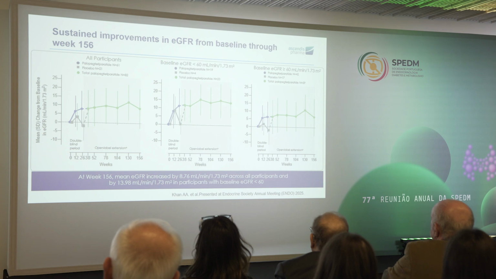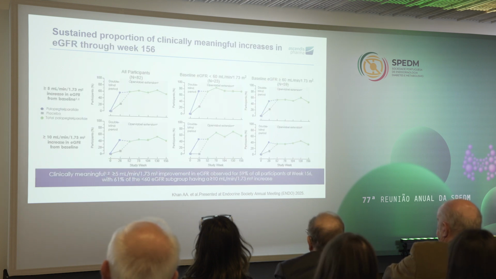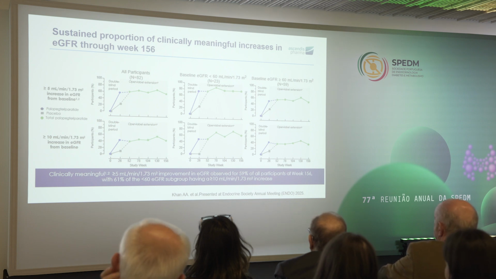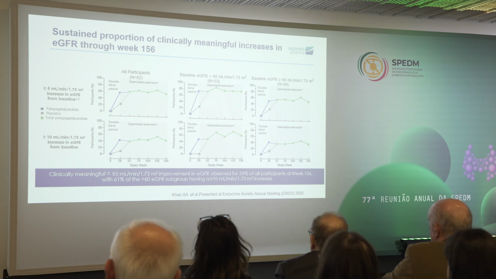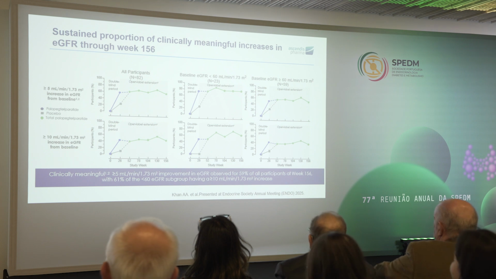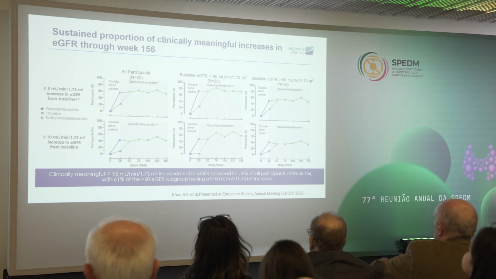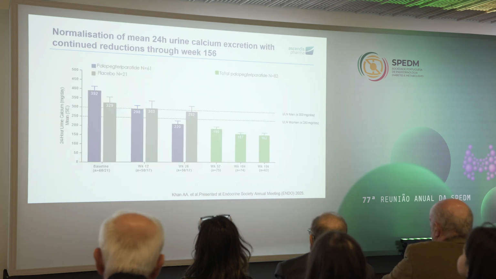And what is of interest, I think, is that it is more prominent in patients that started already in phases of renal insufficiency. And this is also shown here. This is what they defined as a clinically meaningful increase of renal function. And this was more prominent in patients that started with this impaired renal function.